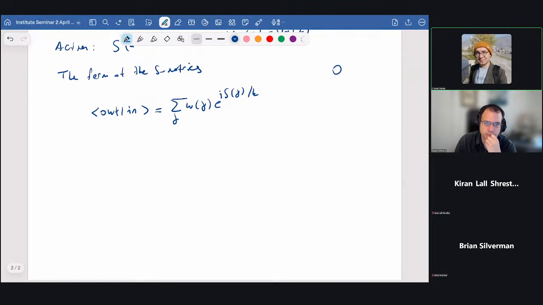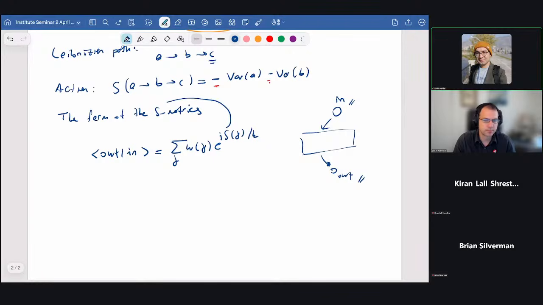Let's say this is the inward, and there are some complex layers, and we have the outward. And gamma runs over all the paths that connect the inward and the outward. This S is the action we defined before.